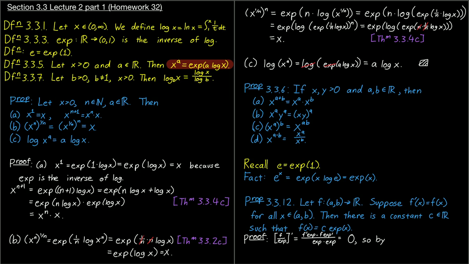So by corollary 2.3.6, f over exp is constant. And then you just let c be the constant value of f over exp, and you do a very little bit of algebra.